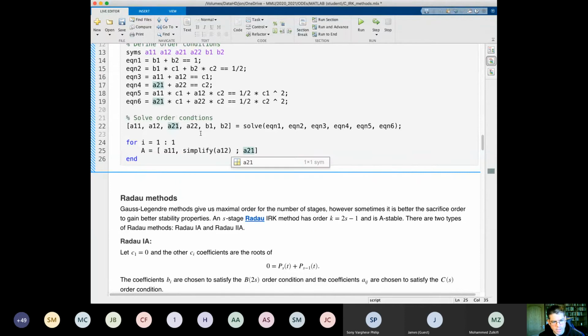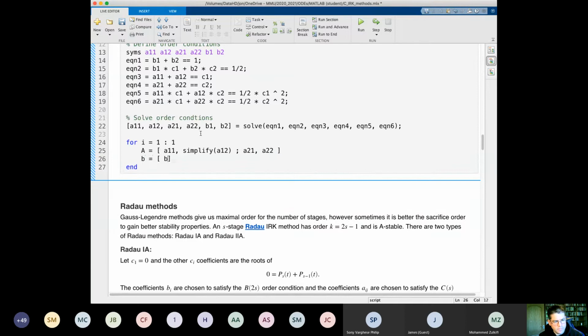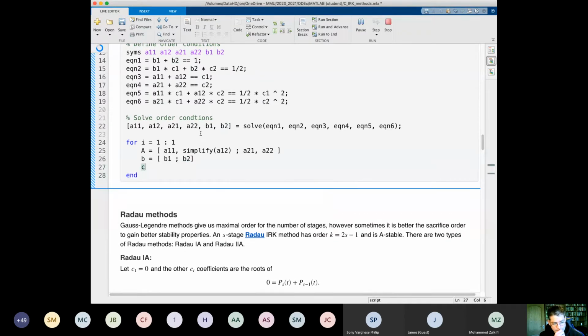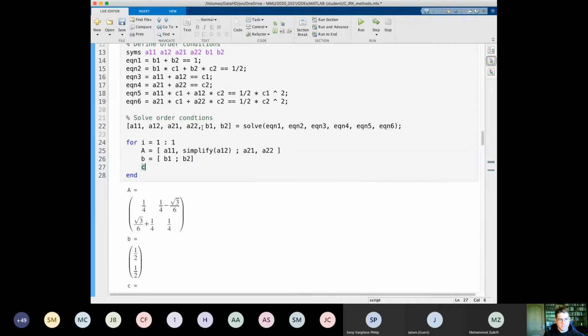I think A21 was okay, and A22 is okay. B was B1 and B2, and I'd already calculated C. Okay, so you can see it's simplified that A12. If I didn't have that, for some reason it didn't automatically simplify it, but that's no big deal because we can use the MATLAB simplify command.